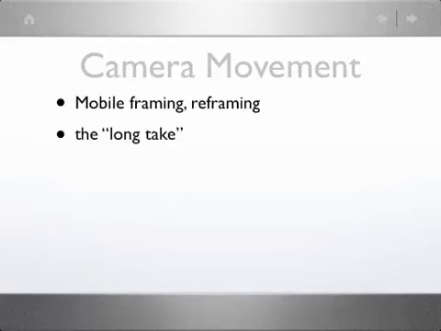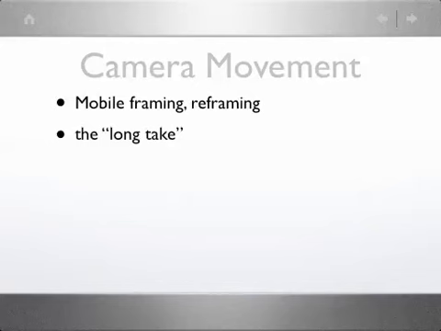The subject camera distance is great. The camera is a long ways away from the subject that it's shooting. Long take, on the other hand, is dealing not with distance but with duration. So the word long in long take refers to the length of time that a shot is running.